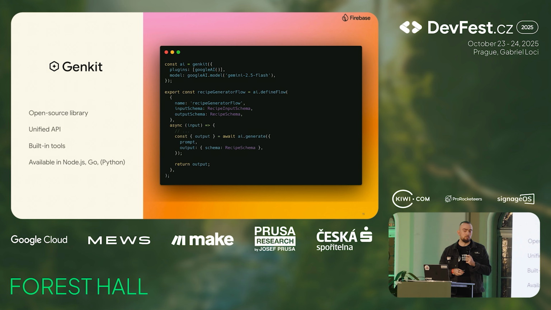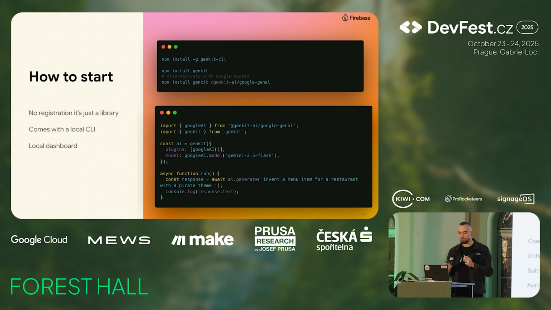And it's coming right now as a Node.js and Go library. Python is right now in beta, but it's coming down the pipeline. Starting with it is not complex. You don't have to register anywhere. It's just a library, so we pretty much install it. We have demos in Node.js, but you can imagine in Go and Python it's pretty similar.